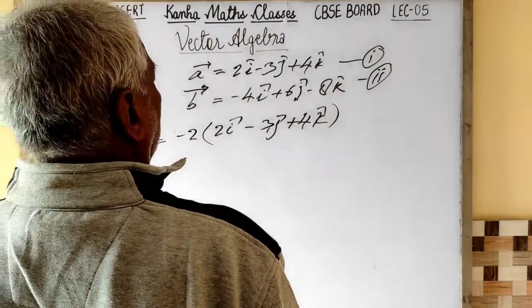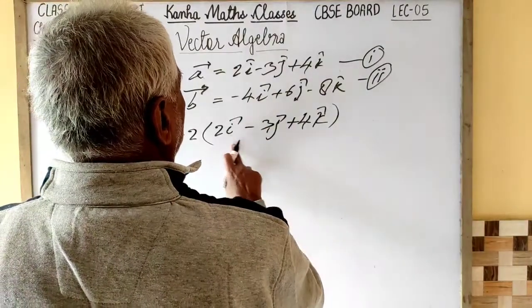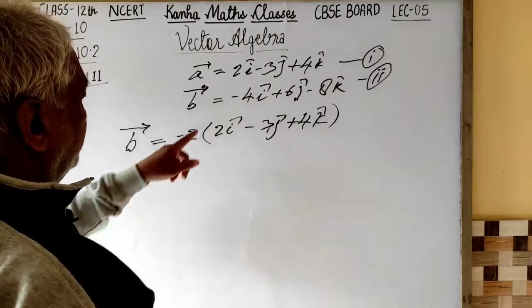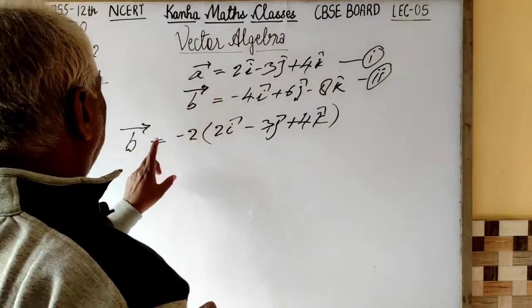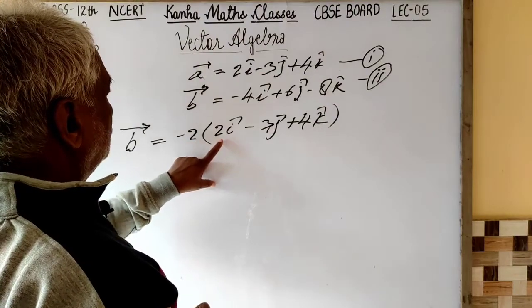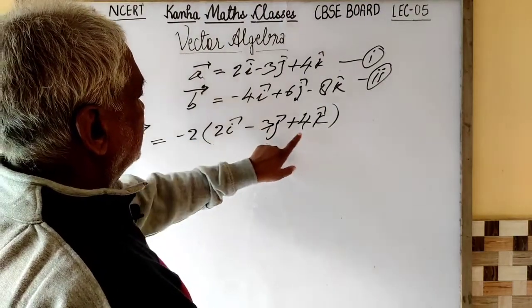You have taken minus 2 as a common factor in vector B, so vector B may be stated as minus 2 times 2i minus 3j plus 4k.